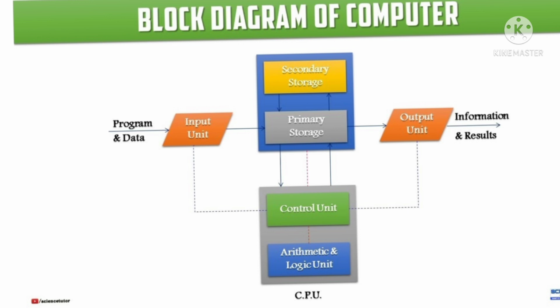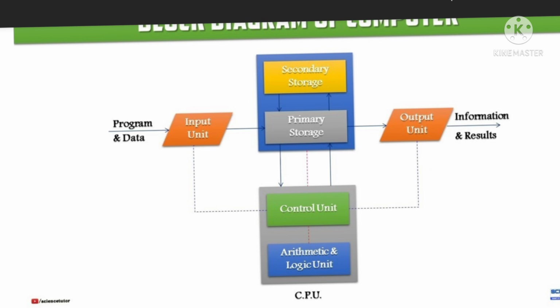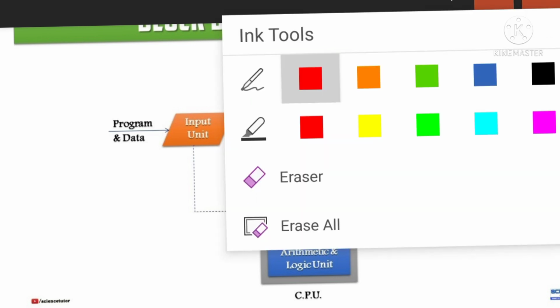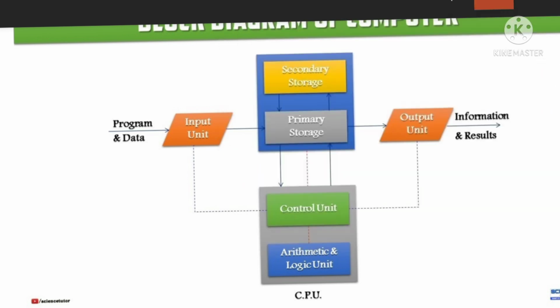As you can see the lines over there, this is the storage, and data will be transferred from here to the ALU whenever it's required. After processing, the output is returned back to the storage unit.